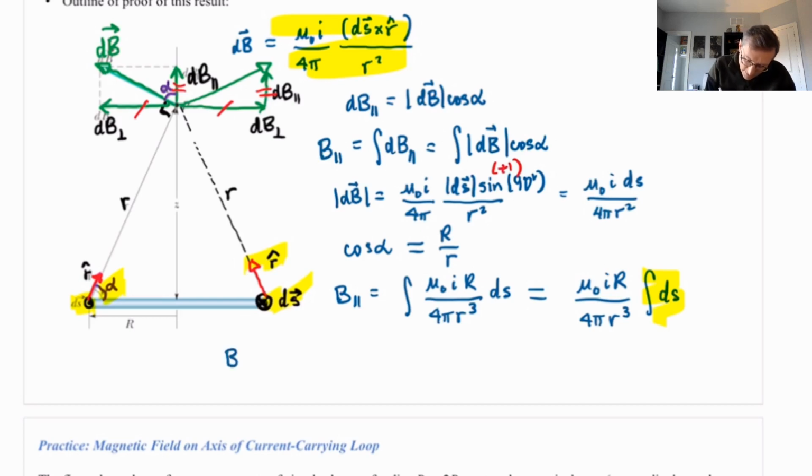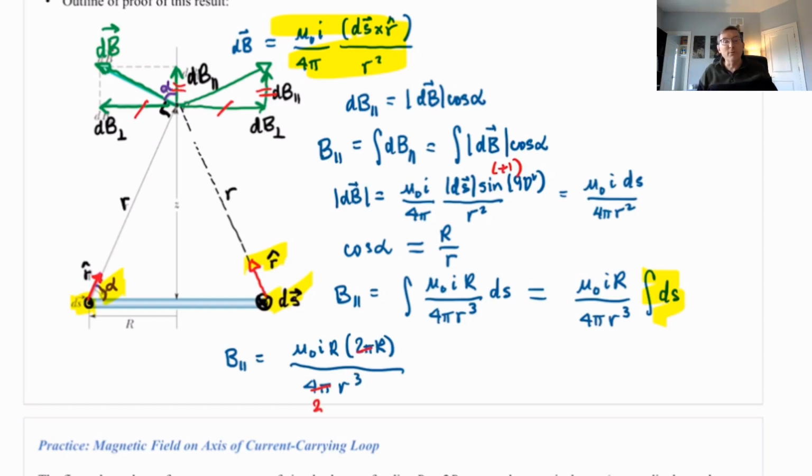So what's the expression for B parallel? Mu 0 I times the circumference, which is 2 pi big R, over 4 pi little r cubed. Well, let's see. 2 pi and 4 pi do some canceling. And note from the Pythagorean theorem that little r is the square root of big R squared plus z squared.